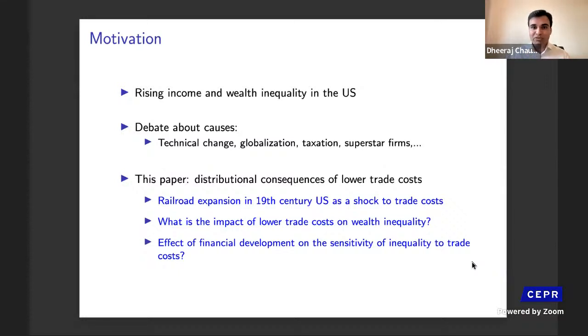So we know about the effect of trade costs on inequality and other things, but this would be the first paper that empirically studies the effect of trade costs on wealth inequality. And in this paper, I also study to what extent the level of financial development matters for the distributional consequences of declining trade barriers. And I answer these questions using both empirical and theoretical methods.